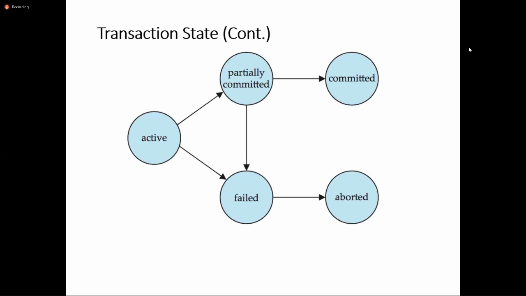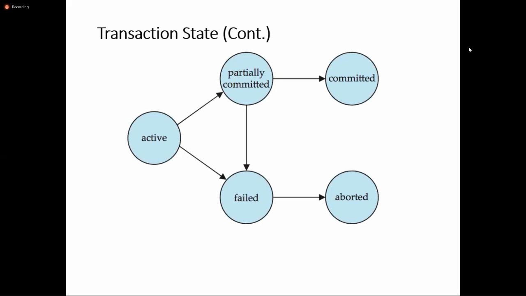The database system then writes out enough information to disk so that even after a hardware failure, an update performed by the transaction can be recreated. Then again you can restart.